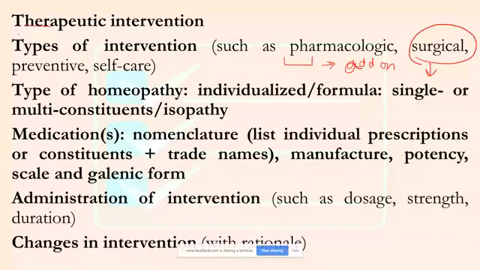The patient consulted you. The type of homeopathy: individualized, single or multi-constituent, isopathy; the nomenclature, the potency, the galenic form, whether it is 200x or 200C or 200CH.